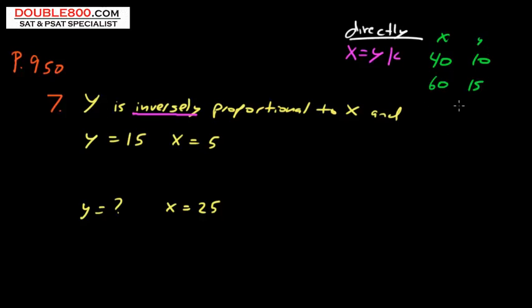So this is a table. Then we're asked what's the value of y if x is 120. You should recognize here, if it's directly proportional, it's just a factor of 4. 4 times 10 is 40, 4 times 15 is 60, so 4 times what value is 120? The answer would be 30. That's directly, okay?